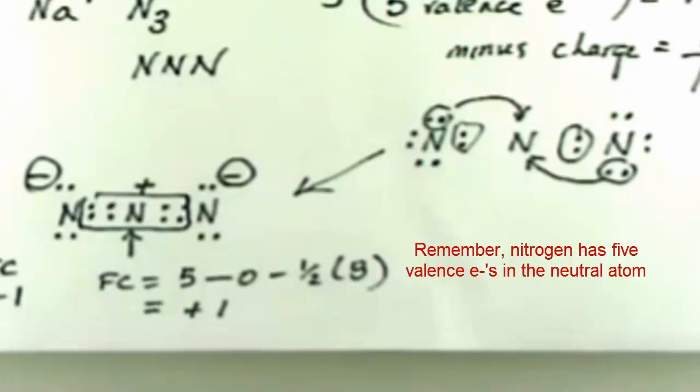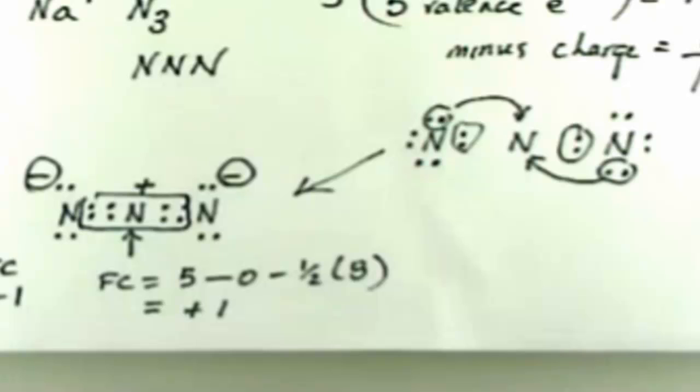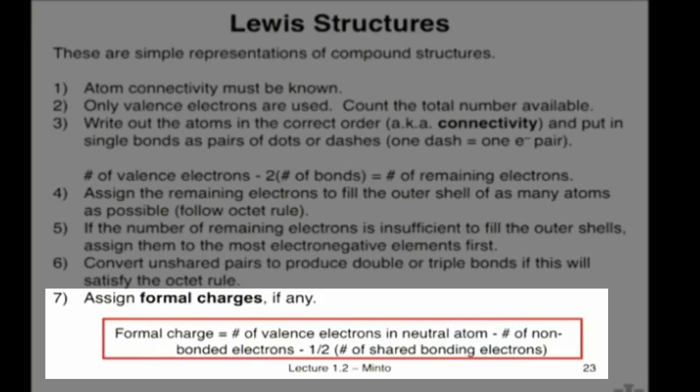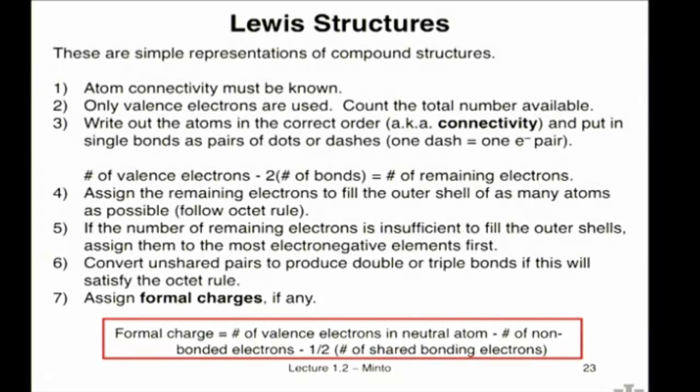And that's what you used in your calculation up here. So you already know that number. So 5 is going to appear in all of our formal charge calculations for nitrogen. Then you need the number of non-bonding electrons, and these are the electrons that are pairs or single electrons that surround the atoms but are not involved in bonding. So the two pairs in the middle here, we're saying are bonding those two nitrogens together.